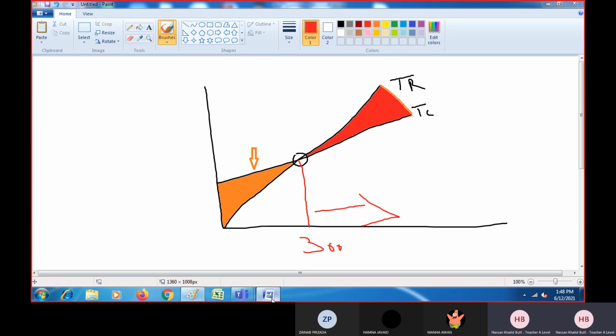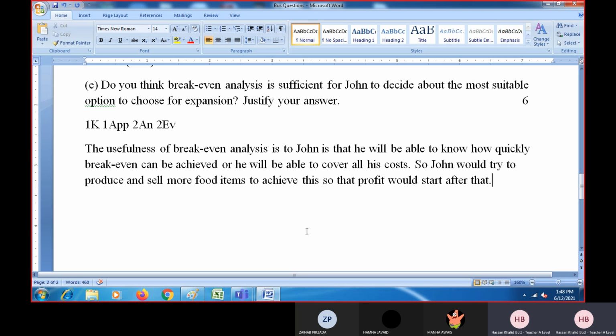So I am using the same concept: John would try to produce and sell more food items to achieve this, so that profits start as soon as possible after that.